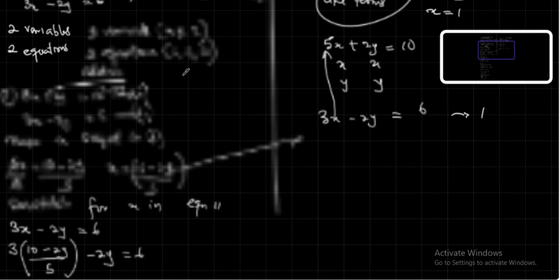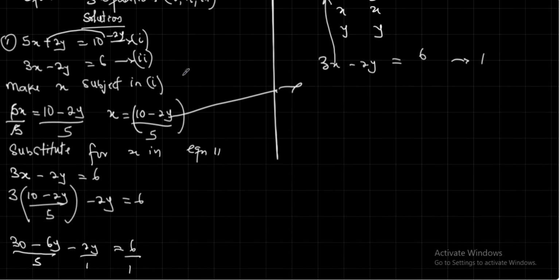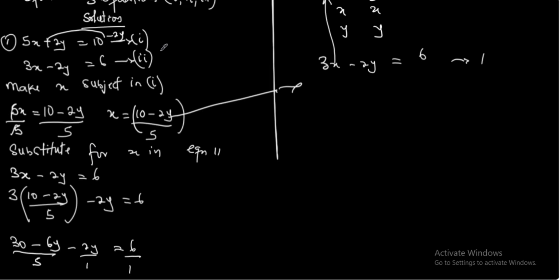To get the value of x, you can now substitute the value of y into any of these equations, either equation 1, equation 2, or equation 3. This will be our equation 3, the value for x we got, right?